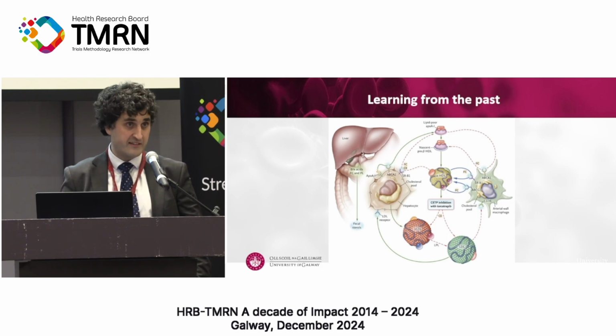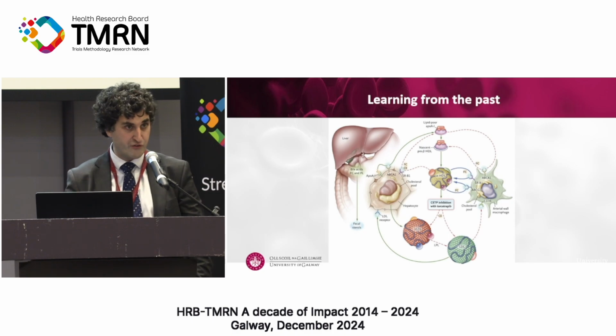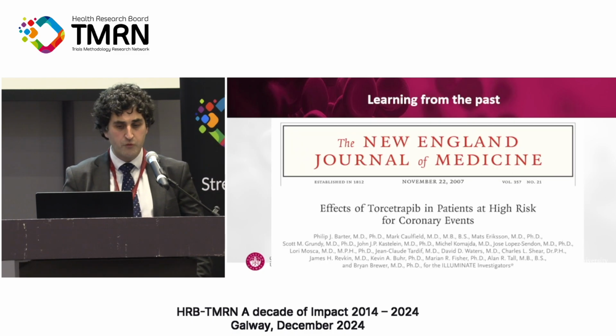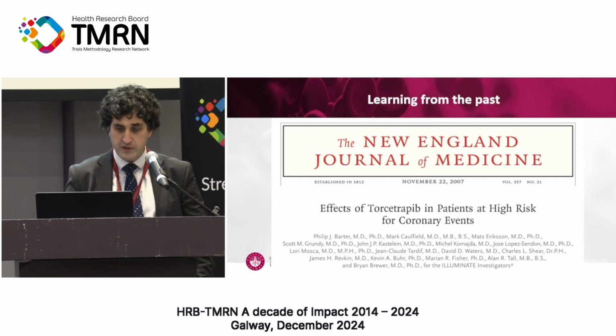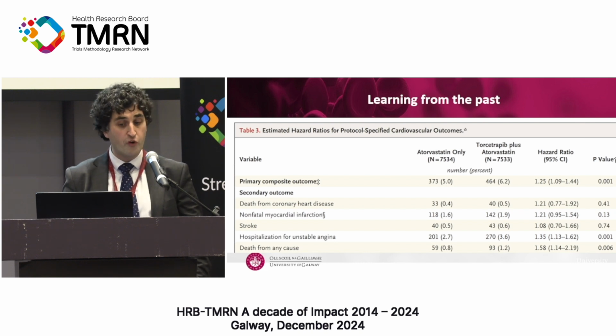So this sounds like a good thing, and in the phase 2 trials looking at the surrogate markers, the HDL went up. But when these were progressed to phase 3 trials, and this was published in 2007, they actually caused harm.